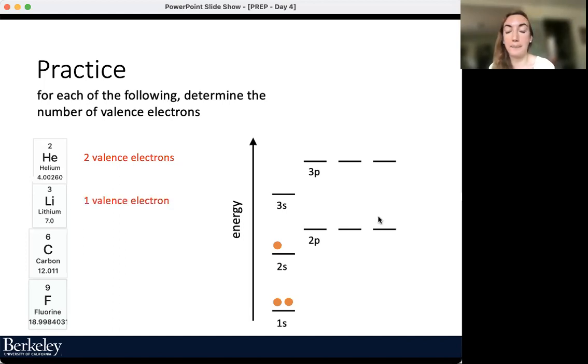Yeah, I see a hand. Yes. You know how helium has 2 valence electrons? Would it also count as 2 core electrons as well? So, no, technically helium would have 0 core electrons. The valence shell is the highest one that has any electrons in it.